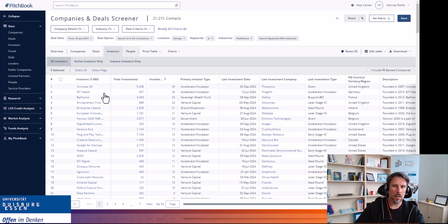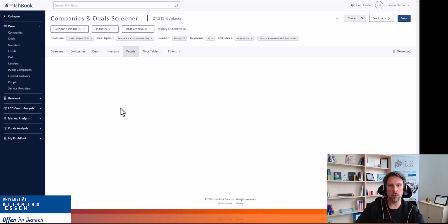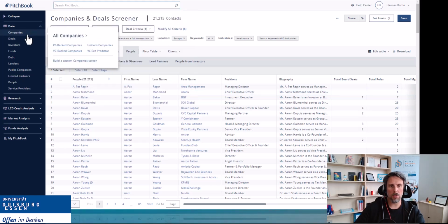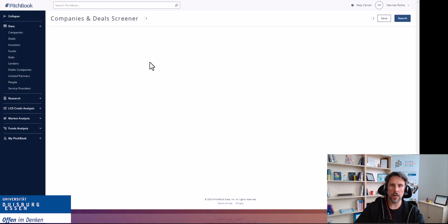As I mentioned already, you can look into particular people like founders. You can look into investors. This is helpful not only for competitors, but also if you're looking for customers in the B2B segment. Again, you can do the same thing. Let's say you are a robotics company that is interested in selling to the airline industry.